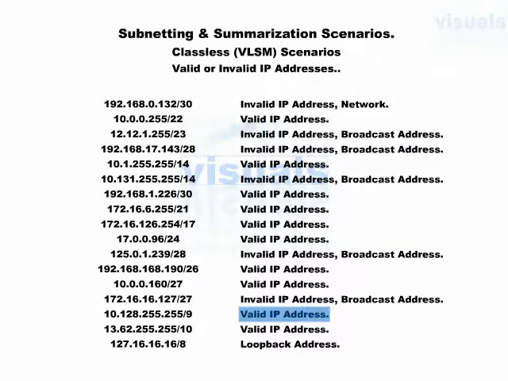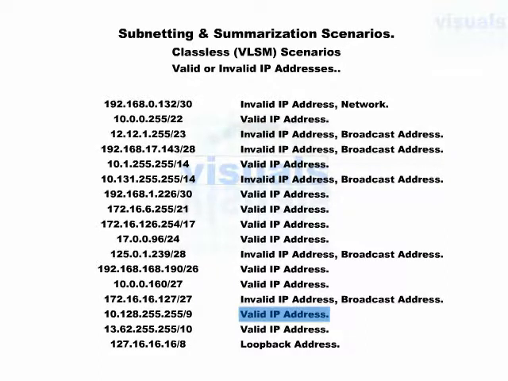10.128.255.255/9. Okay, it belongs to class A, and yes, it is a valid IP address. Now just look at the octet position. It is the second octet, and by applying one bit we are getting the 128 subnet, and it is exactly a valid IP address, because the valid IP addresses for this range are from 10.128.0.1 to 10.255.255.254.